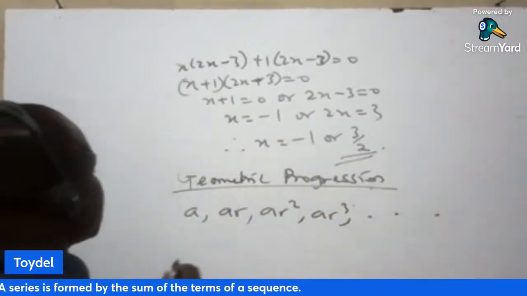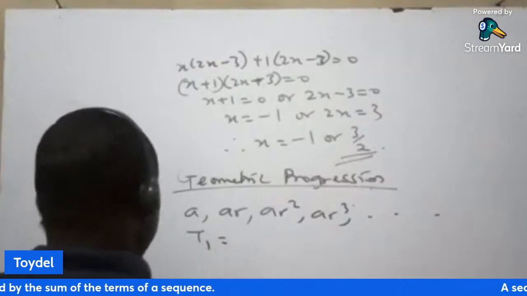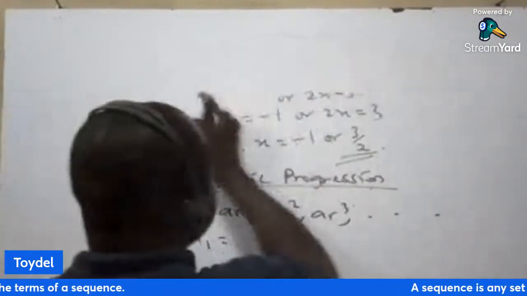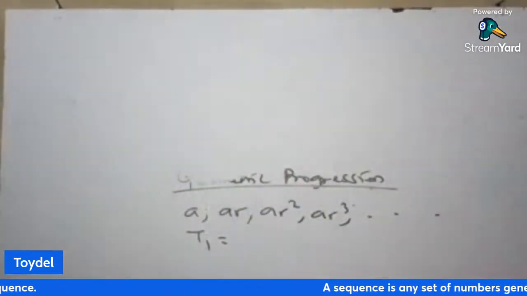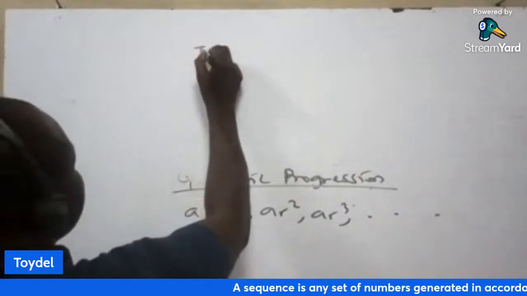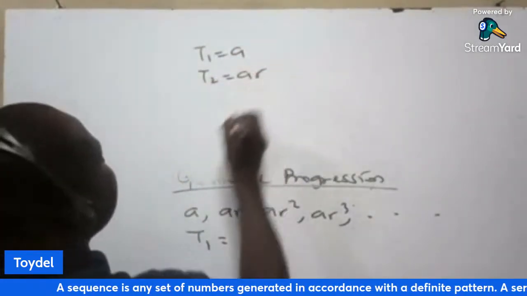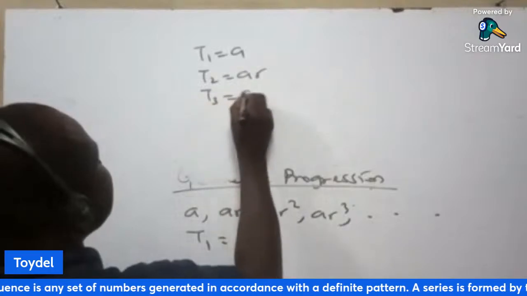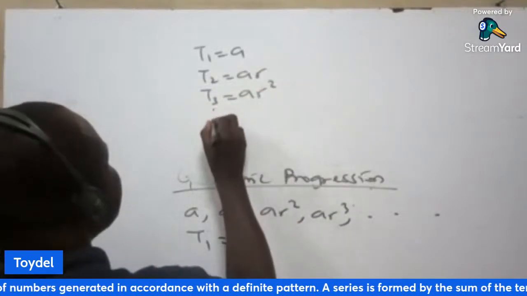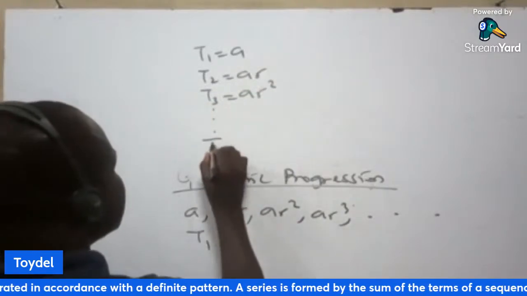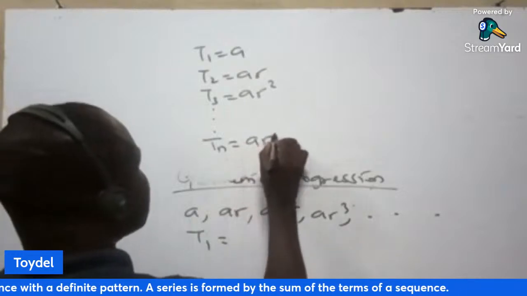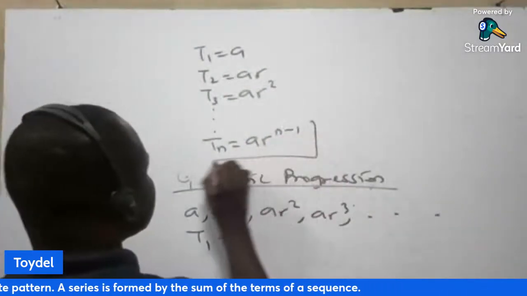Under geometric progression, the first term, T1, is given as a. The second term, T2, is given as ar. The third term, T3, is given as ar squared. Then if you follow that progression, Tn will become ar to the power n minus 1.